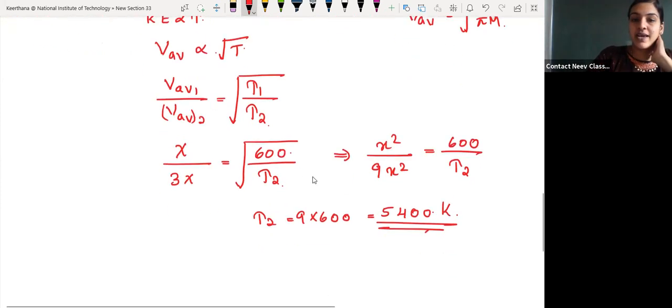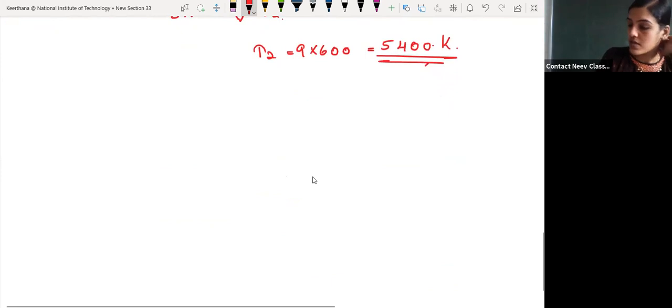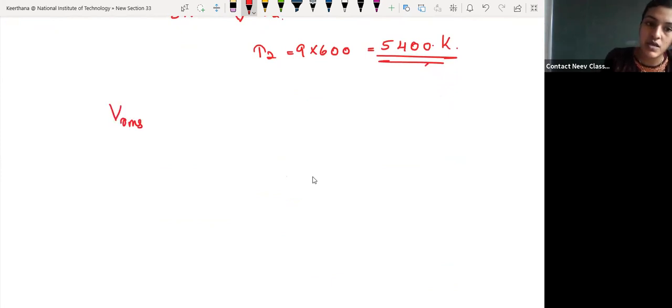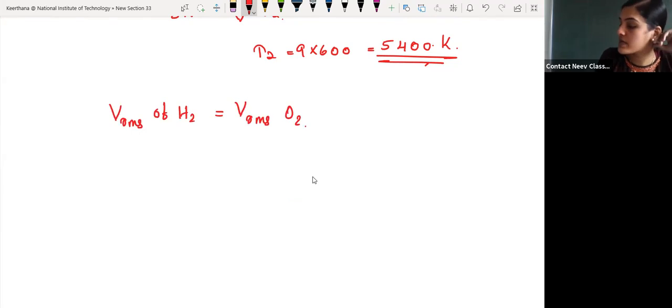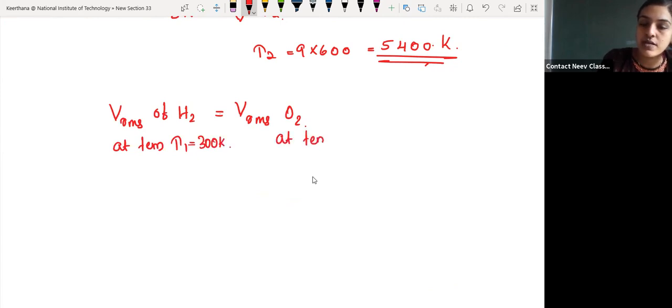You can expect questions like this: if VRMS of H2 at temperature T1, where T1 is 300 Kelvin, is equal to VRMS of O2 at temperature T2.